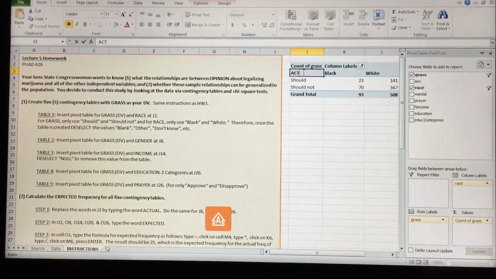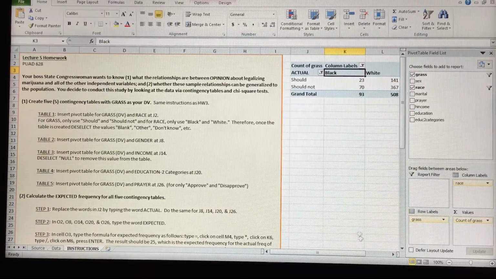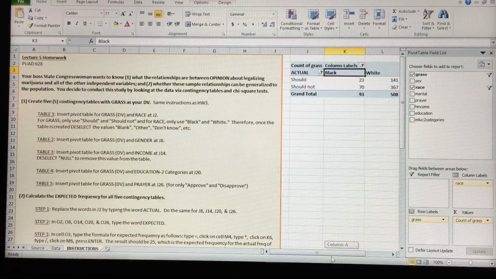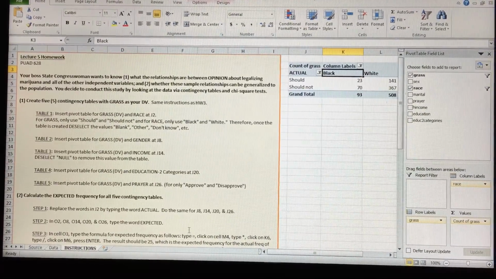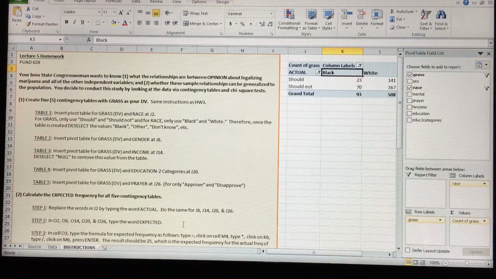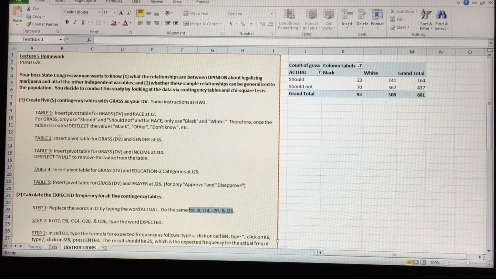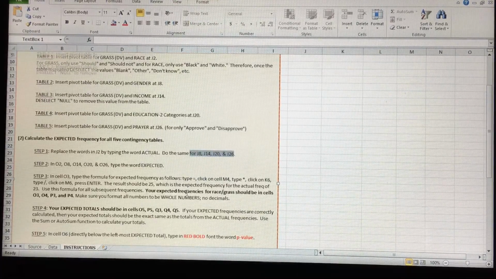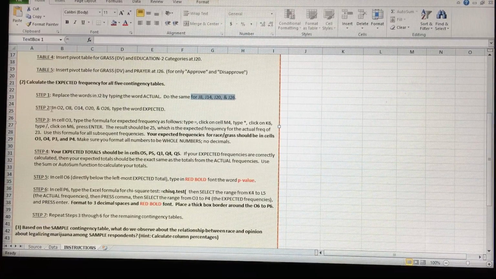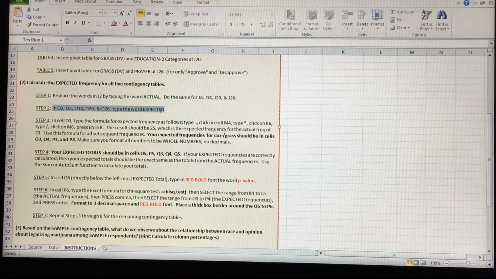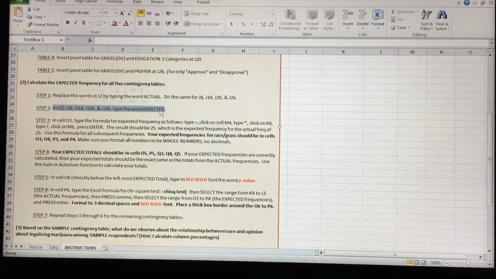Actual, or what it says in our lecture notes, observed, they mean the same thing. Okay? Do the same for the other categories that you are going to create on your own, and do it so smoothly and elegantly and effortlessly.